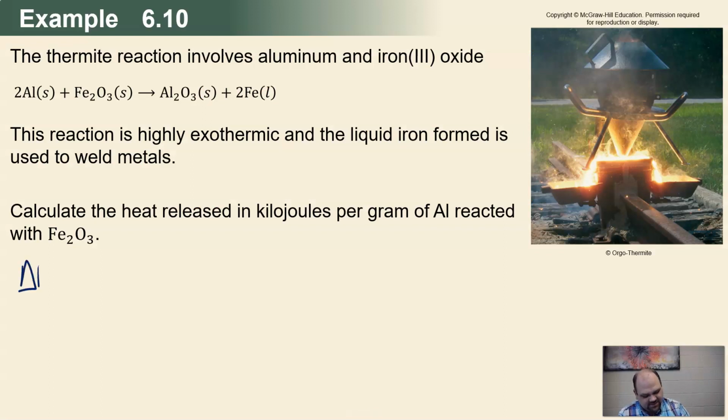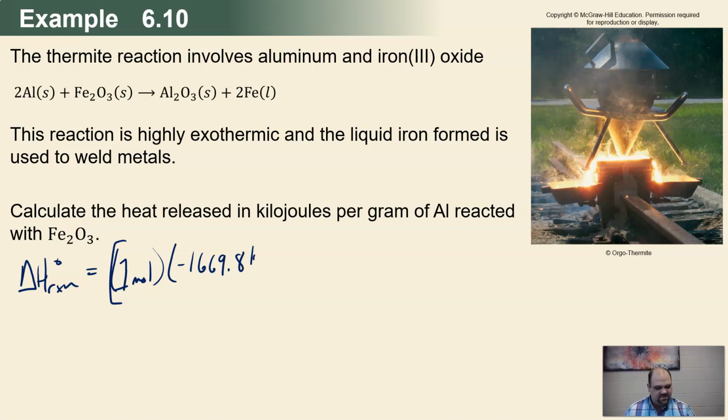Our delta H for the reaction is going to look like, well, for our products, we have 1 mole of aluminum oxide, and we just saw that that was negative 1,669.8 kilojoules per mole.